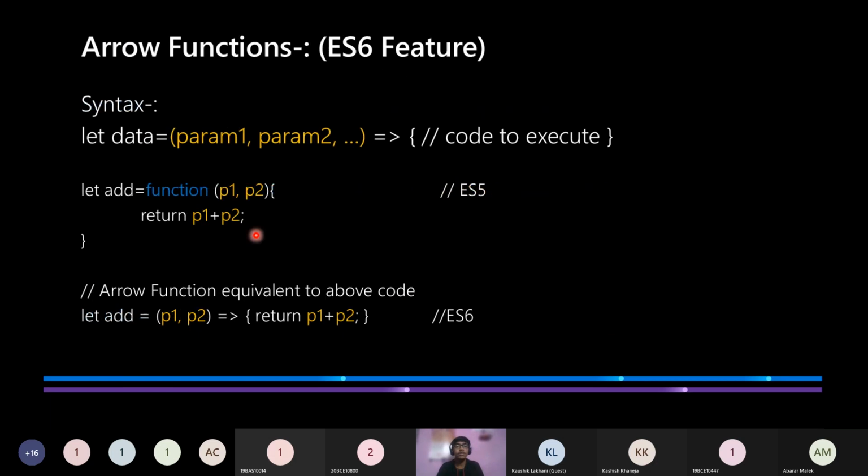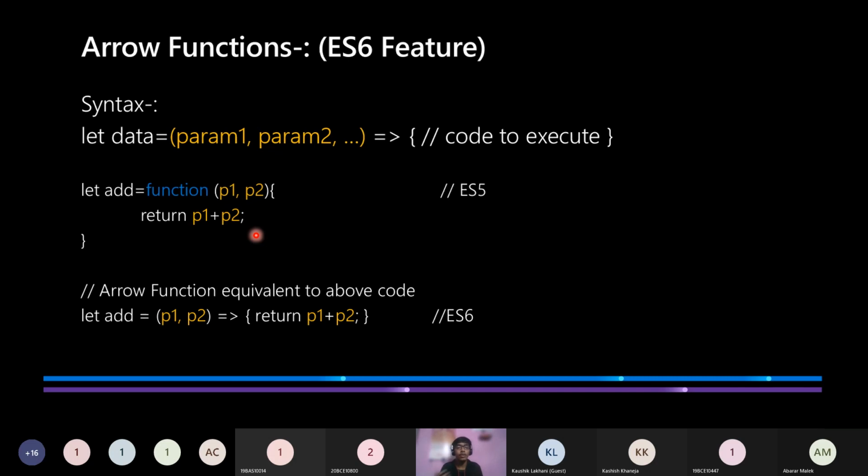But when the ES6 version was released, a new type of function was introduced that is called arrow functions. The advantage of using this is that it reduces the number of lines you need to write, and it is most commonly used in frameworks like React, Angular and Vue, because these frameworks work on functional components, and using a function inside a function can cause issues sometimes.